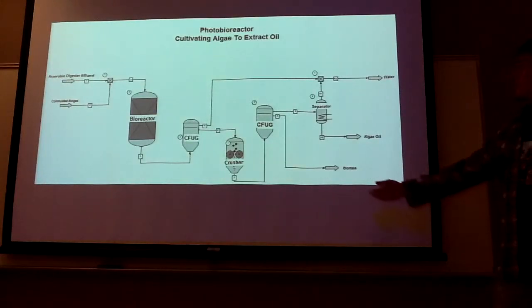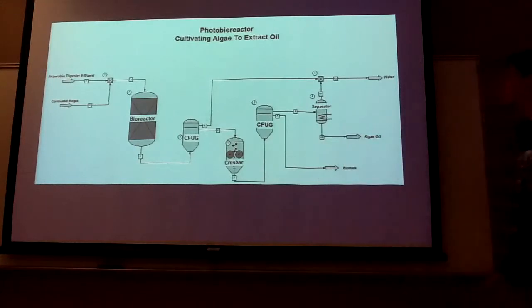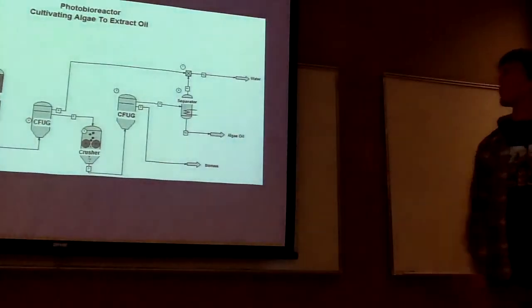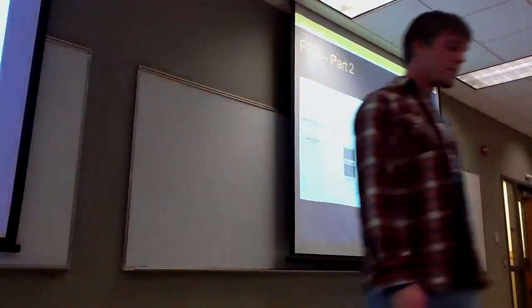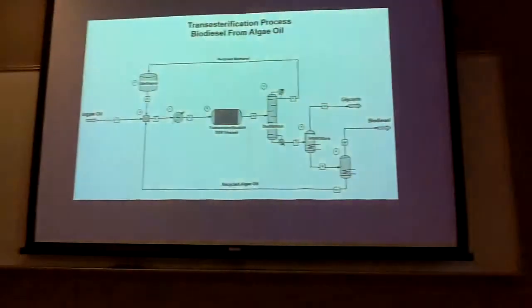And our top stream here is the algae and water, which will go onto a separator, and the water can be recycled back to the plant, and the algae will go on to the transesterification process that Eric is involved with.